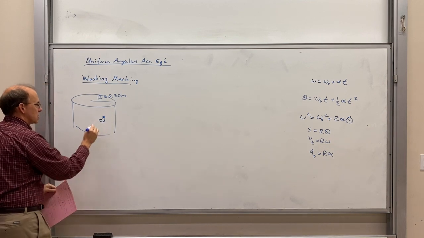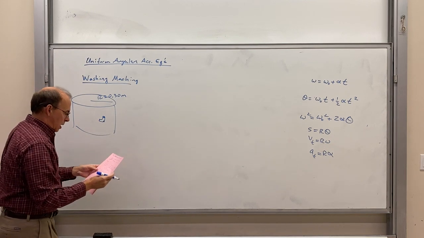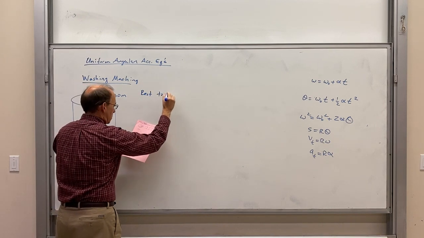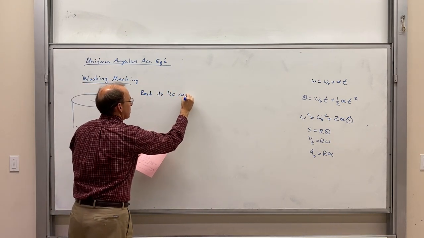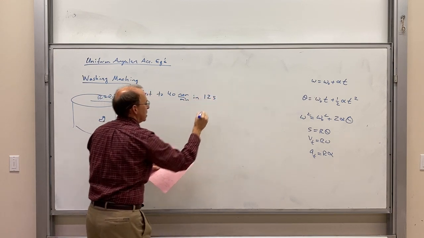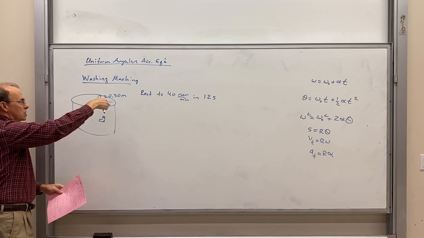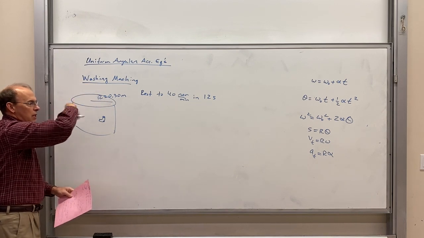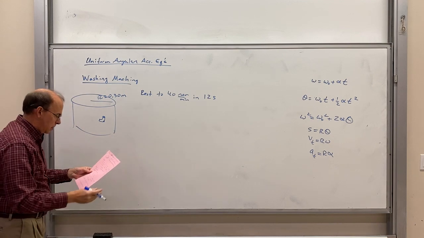That's supposed to be a sock. And this machine goes from rest to 40 revolutions per minute in 12 seconds. So we turn it on and it speeds up. It starts at 0 and gets faster and faster, and it takes 12 seconds to speed up.